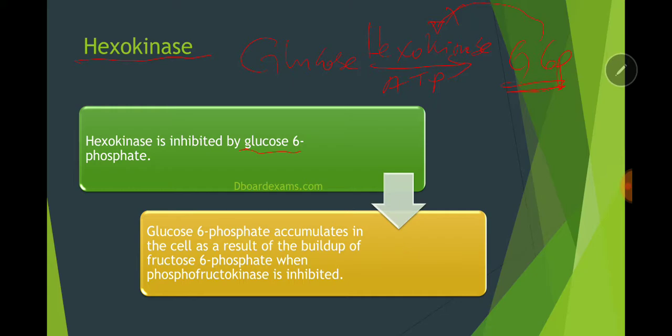And you know fructose 6 phosphate is produced from glucose 6 phosphate. So if you block phosphofructokinase, all these other points are going to be blocked. That's why phosphofructokinase is the major important regulatory point in glycolysis.